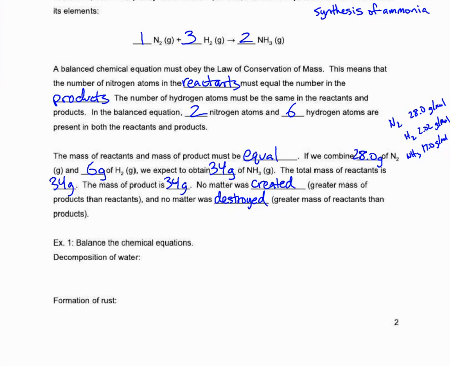In addition to the Haber process, we're going to use 3 chemical reactions for most of this unit. So the first one is the decomposition of water. Now remember, decomposition is where we have one reactant breaking down into two or more smaller products.